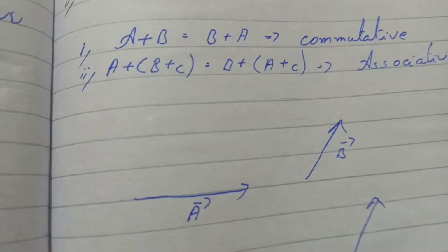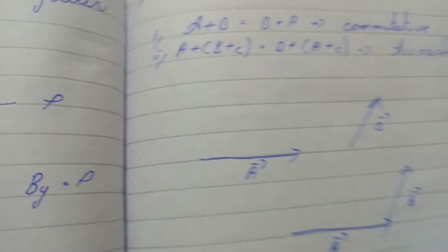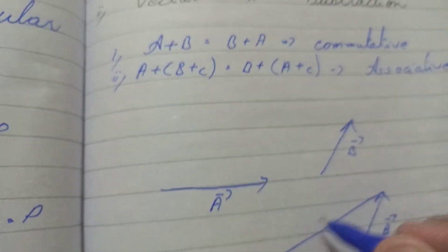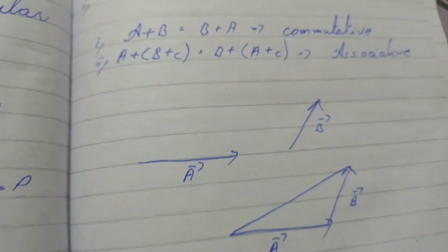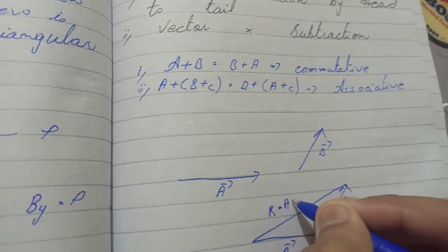This is vector a still, this is vector b. Now we will draw the line here, because this is what we call the resultant vector or sum vector, which is r is equal to a plus b.